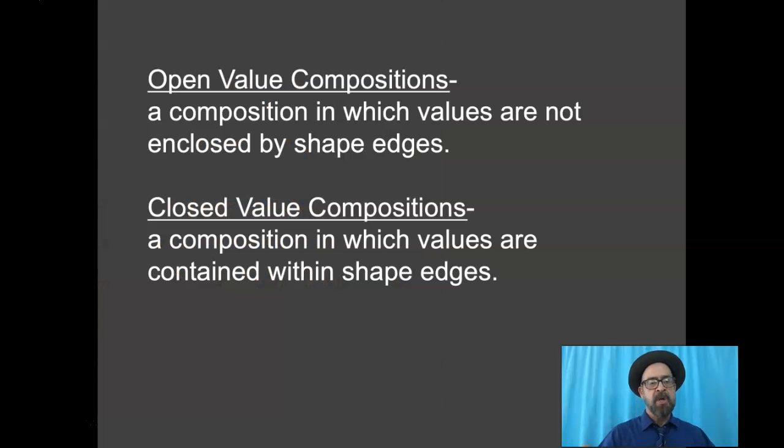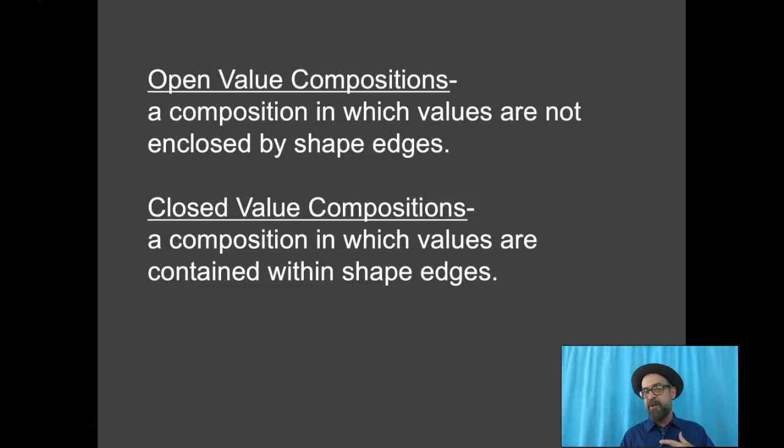Okay, so open value compositions versus closed value compositions. Open value means softer values that aren't really contained within shapes, right? The edges of those shapes are not always well defined, okay?